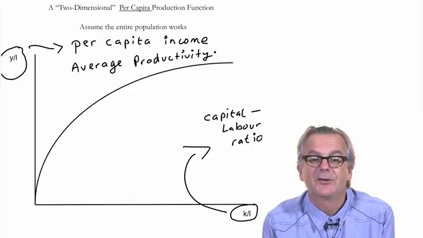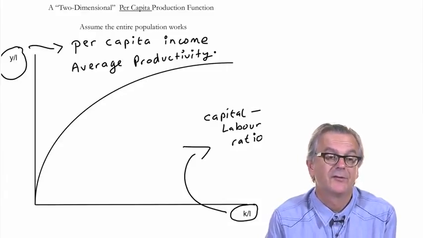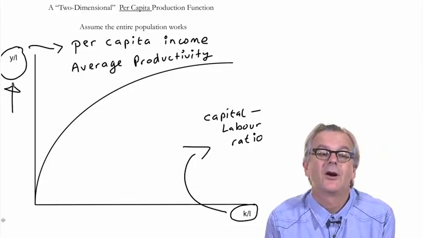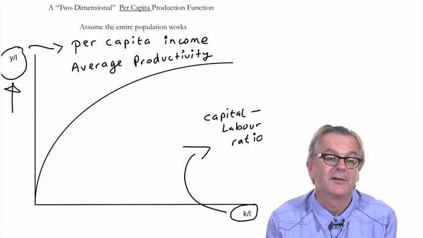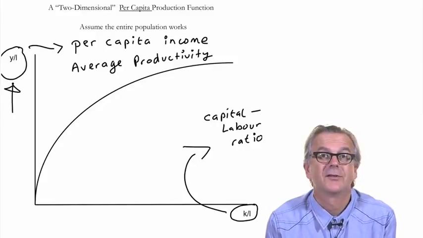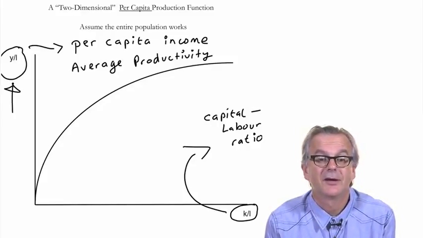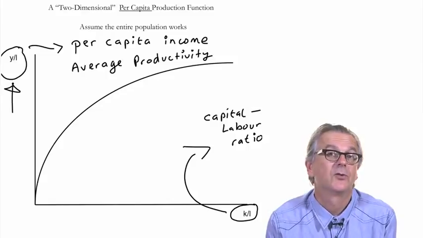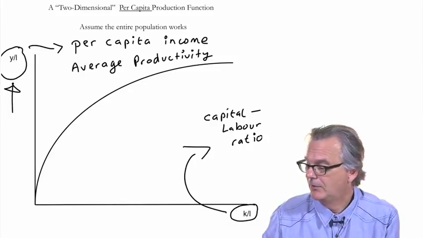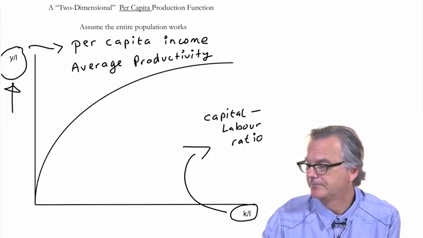But if we make this assumption that everybody works, then the only factor that really matters is therefore average productivity. And indeed, that's what we're measuring on this vertical axis, the amount of output per person who works. And so by working with this per capita production function, the focus of the analysis very much becomes a story about average productivity. And that's probably the best way to think about how we're going to proceed.